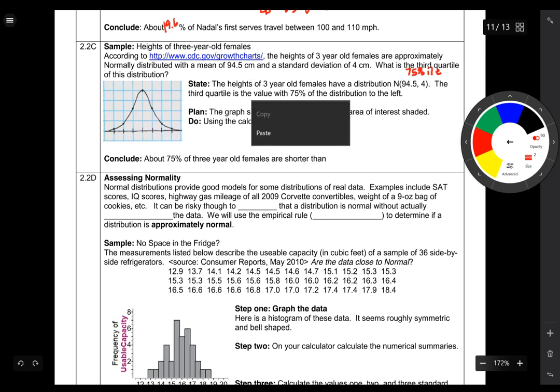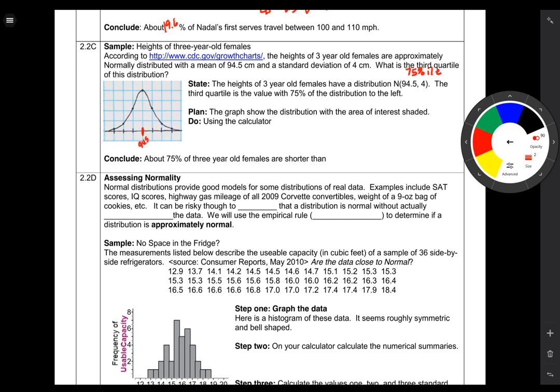So here's the mean. So 94.5. And the standard deviation is 4. So that would be 98.5 right here. This would be 102.5.